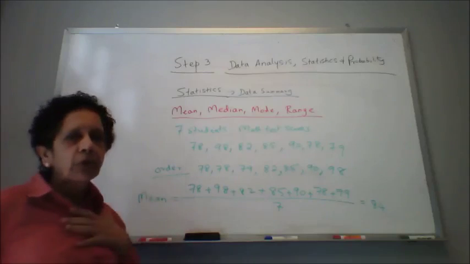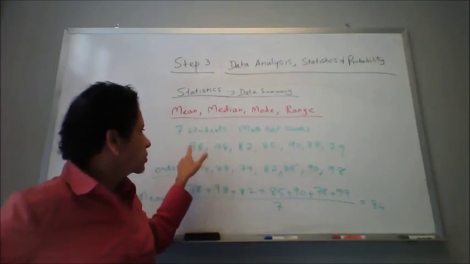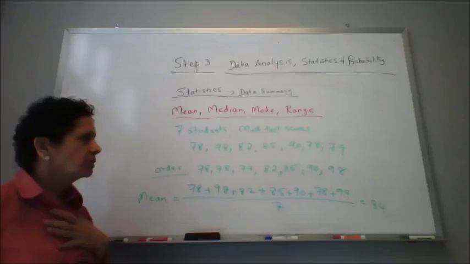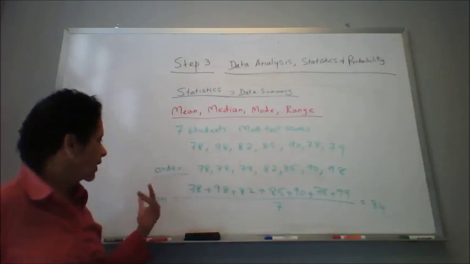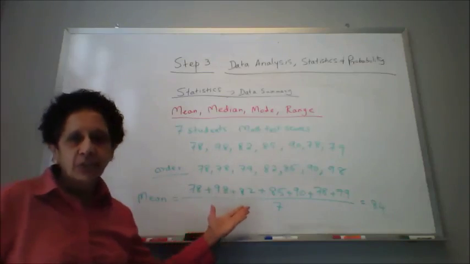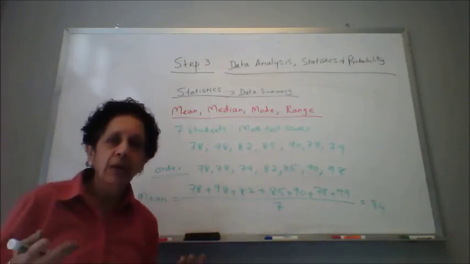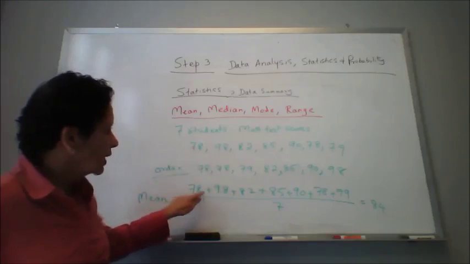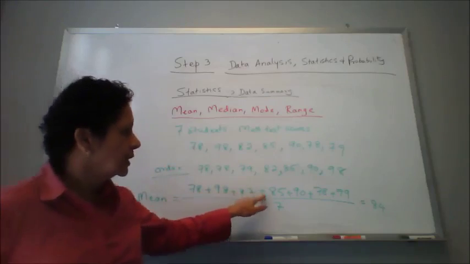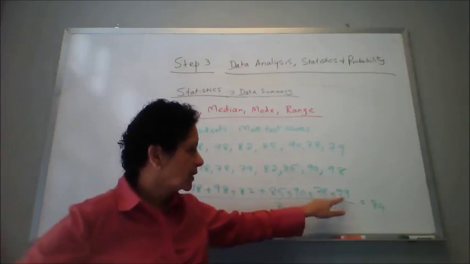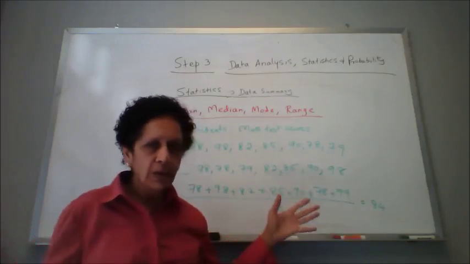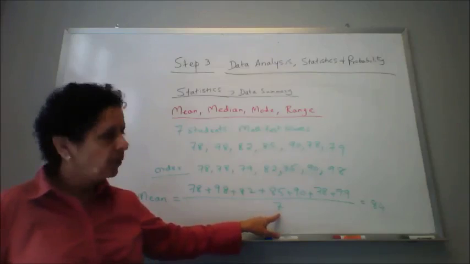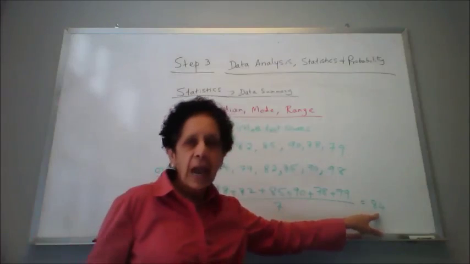So then I cannot blurt out to you, oh, these are the scores, 78, 98, 82, it won't make any sense to you. So if I just summarize the information, for example, the average or the mean, it's a common sense measure, right? I am adding all these scores, 78 plus 98 plus 82 plus 85 plus 90 plus 78 plus 79, adding all the scores of all the people, and dividing by the number of people, 7 people, then that is the average, 84.